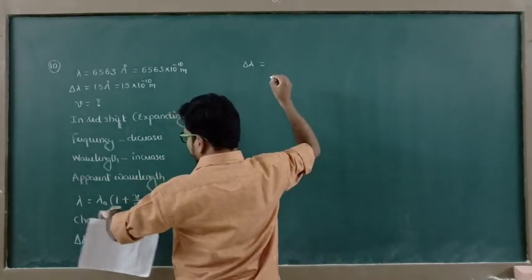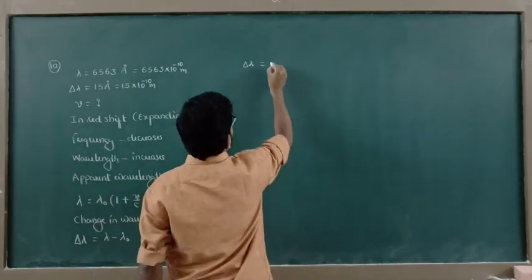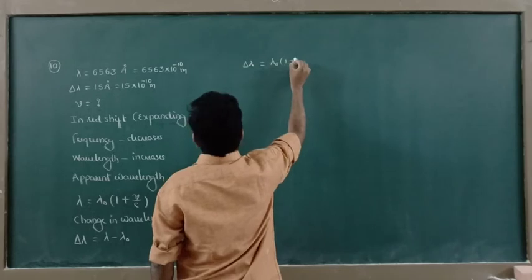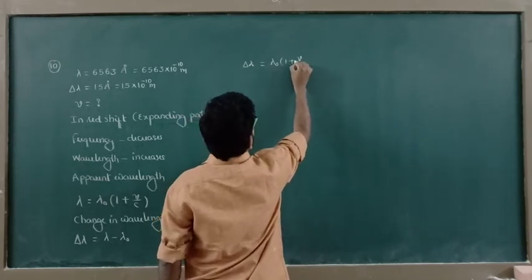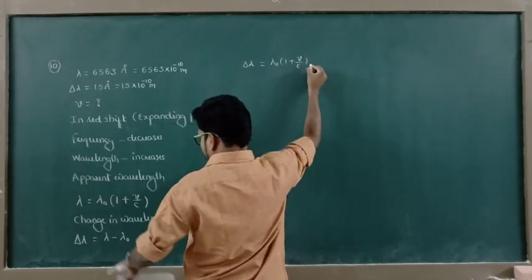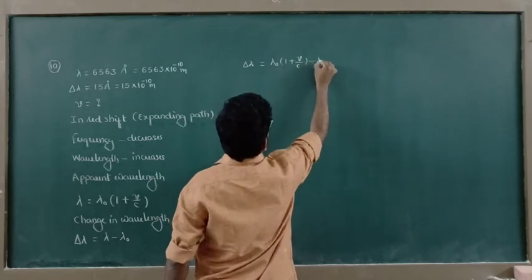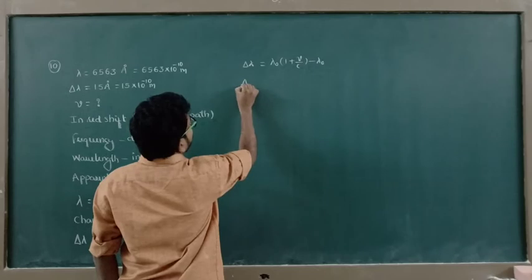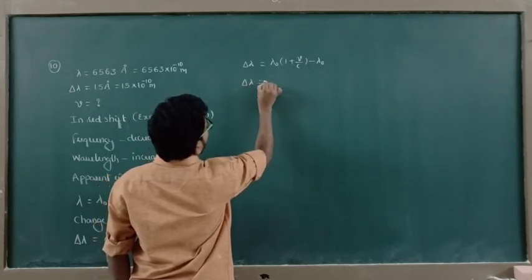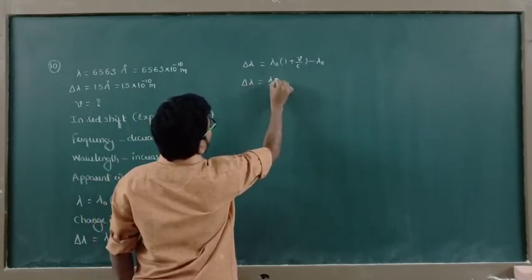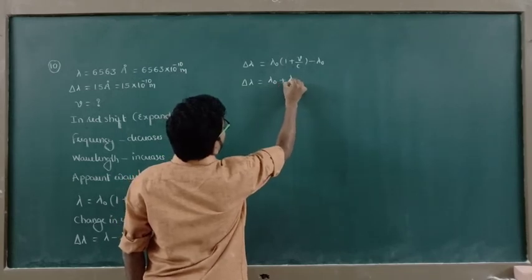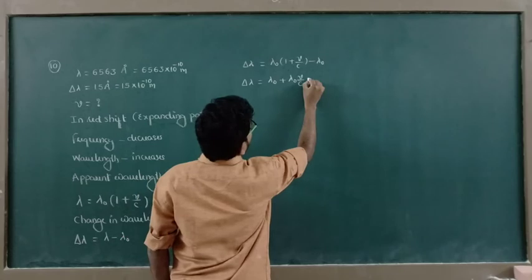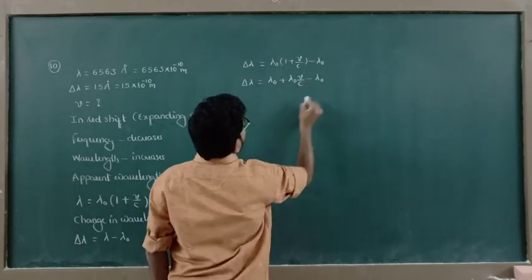We know that expression for apparent wavelength, lambda naught into 1 plus V by C, minus lambda naught. Then this change in wavelength is equal to lambda naught plus lambda naught into V divided by C minus lambda naught.